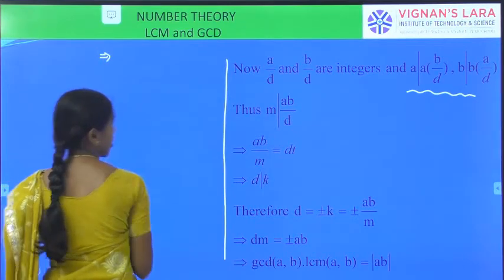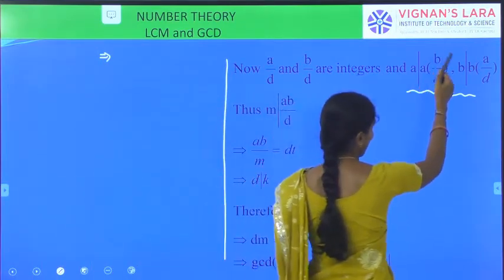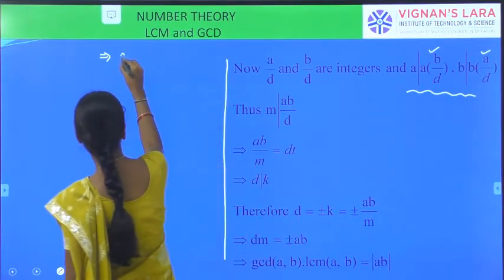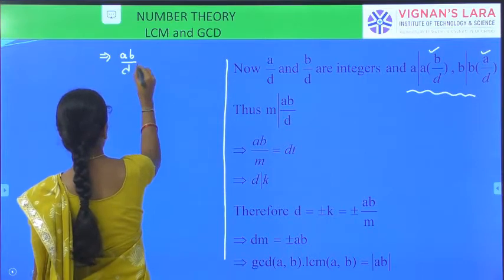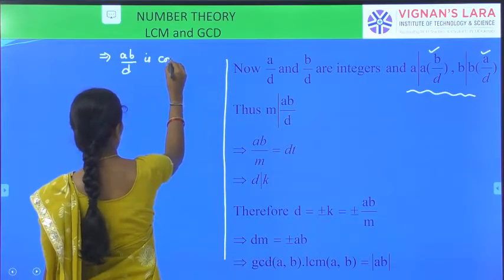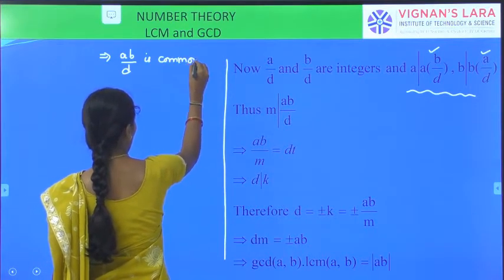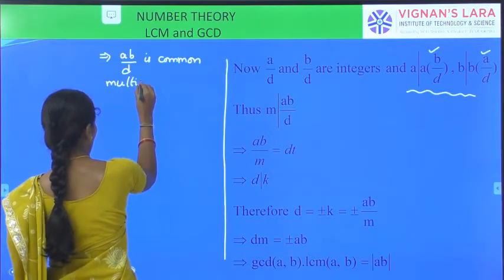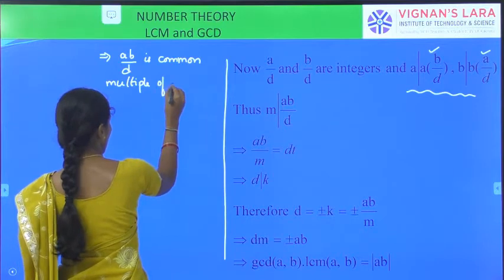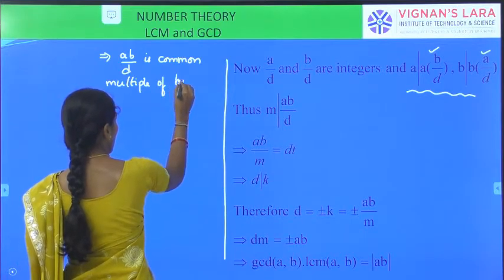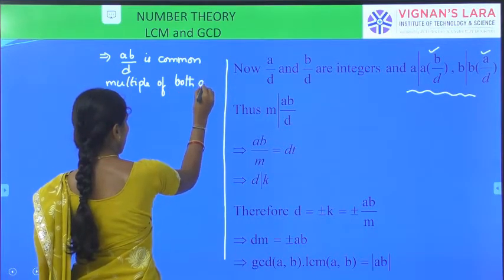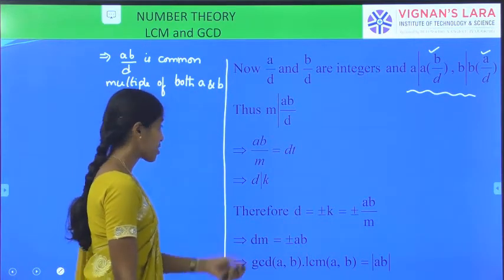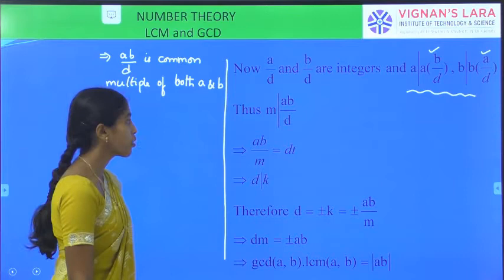Implies, here if you observe, these two give us AB by D. AB by D is a common multiple of both A and B.